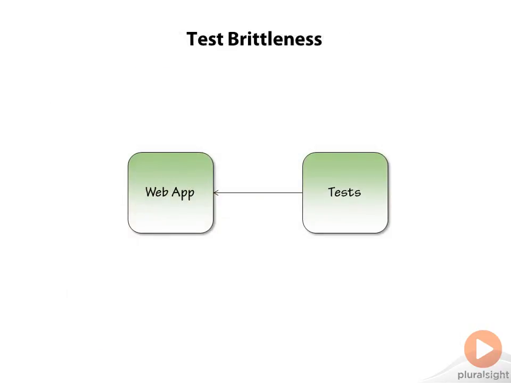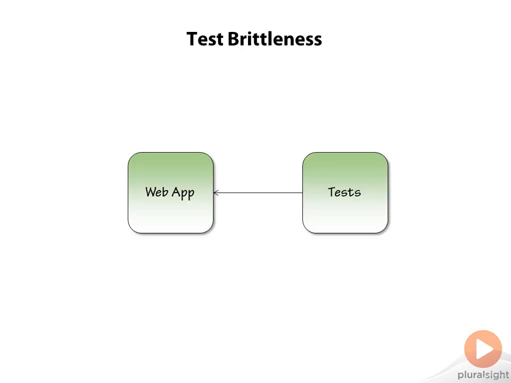The major reason is test brittleness. So if you look at this simple diagram here, you can see that if you decided that you were just going to record your tests and you weren't going to use some kind of a framework, then your tests would directly depend on your web application. So what happens now if your web app changes in some way?